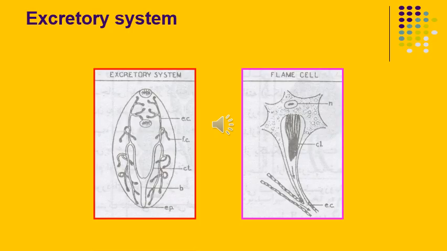In the right picture, we can see one flame cell alone. In the anterior part, you can see the nucleus, and under the nucleus, you can see the flames. You can see the cilia. These cilia are moving all the time, like the flame of a fire, collecting the waste material and transferring it to the excretory canal.